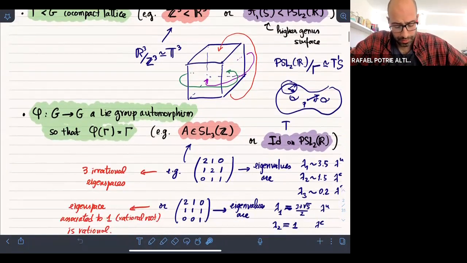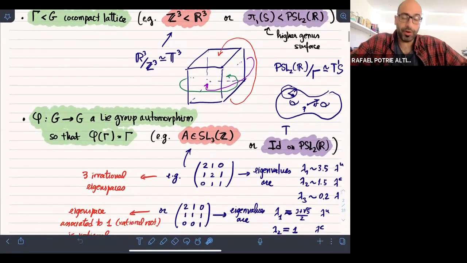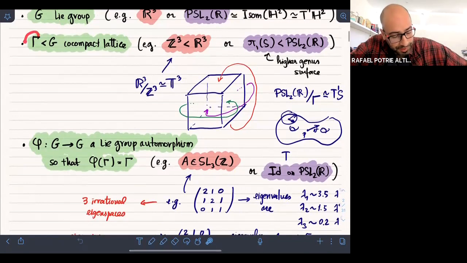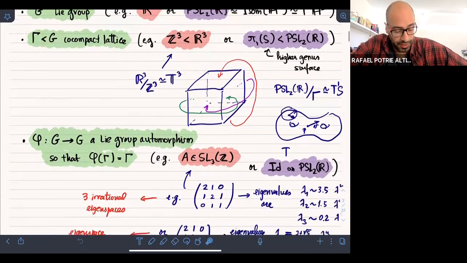Then we will choose a Lie group automorphism. This means just a smooth map that preserves the group operations, but with the additional property that it preserves the lattice we are taking. So this means that it takes elements of the lattice into elements of the lattice.